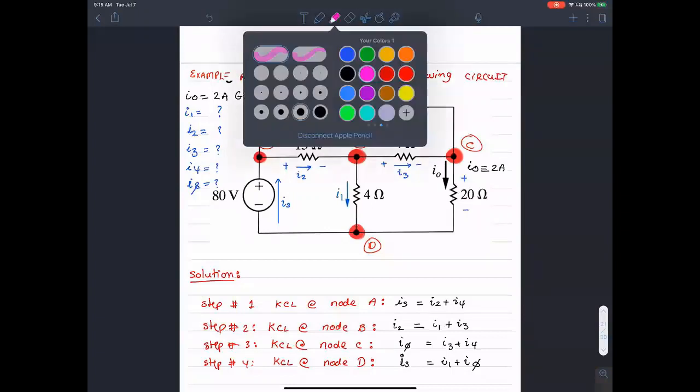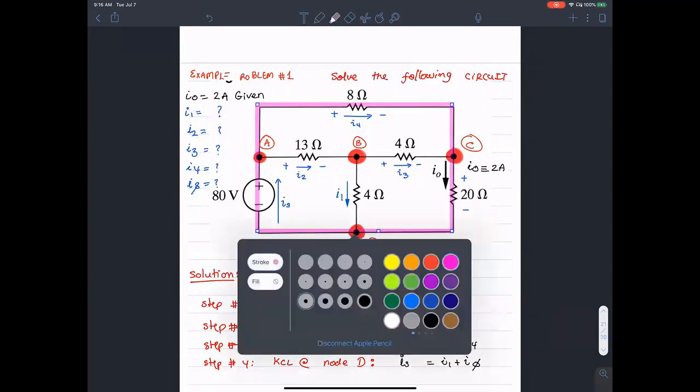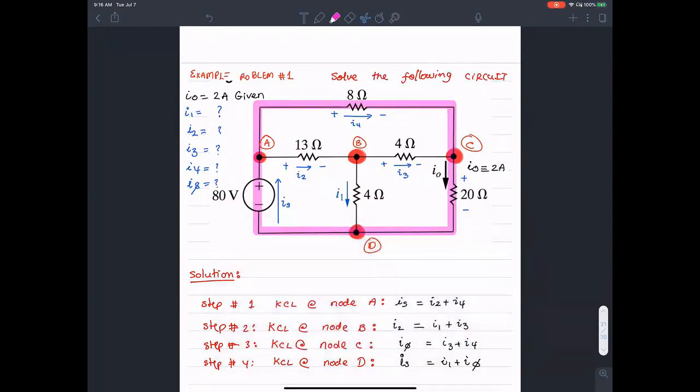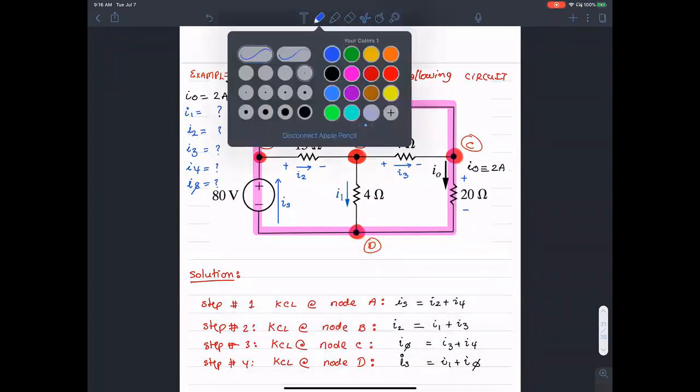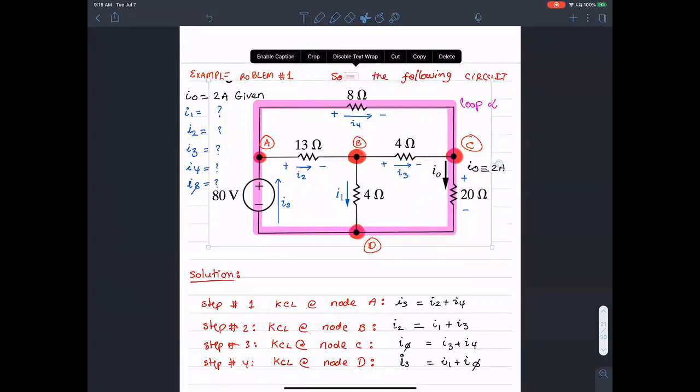Now I'm going to come back and define a loop here. Let's call this loop alpha. You know what, I think I better copy this and write it out in a separate page.